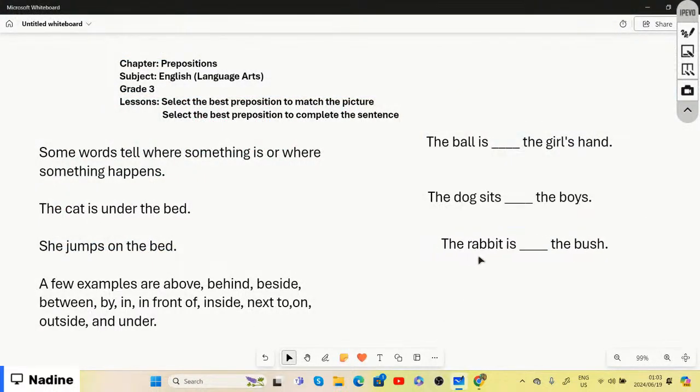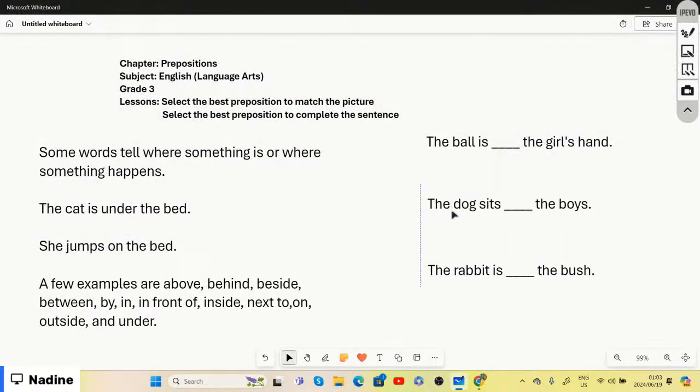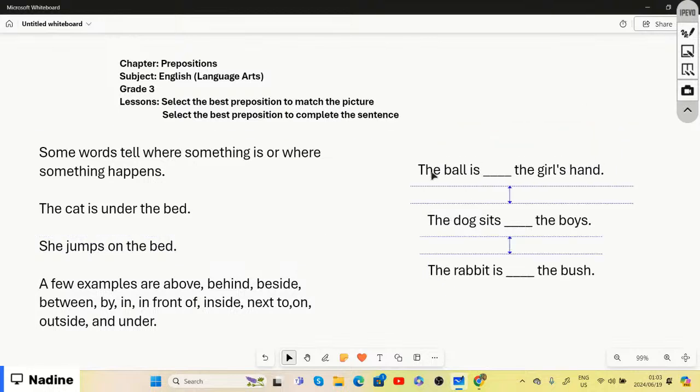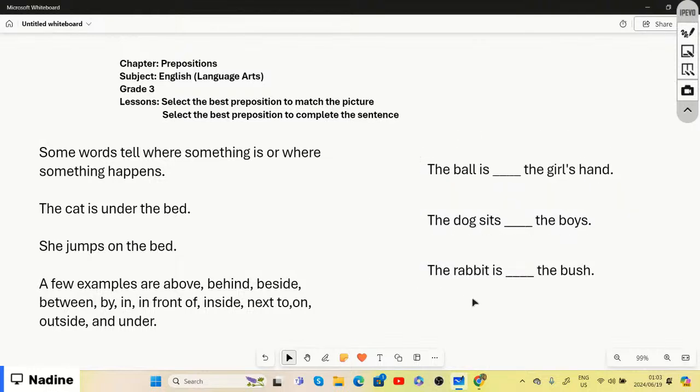All right, so our chapter is preposition. Our subject is English language arts. Grade 3. And then the lessons that we are focusing on under the chapter of prepositions.